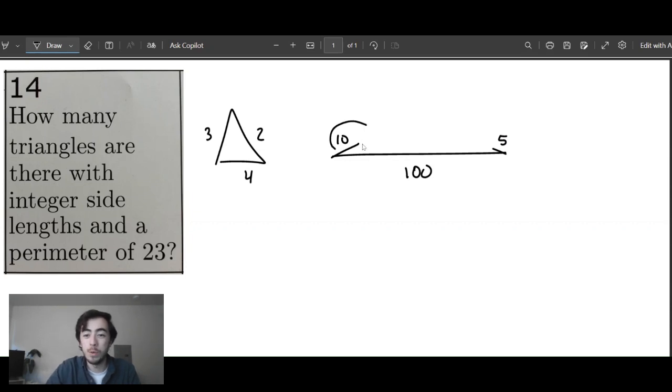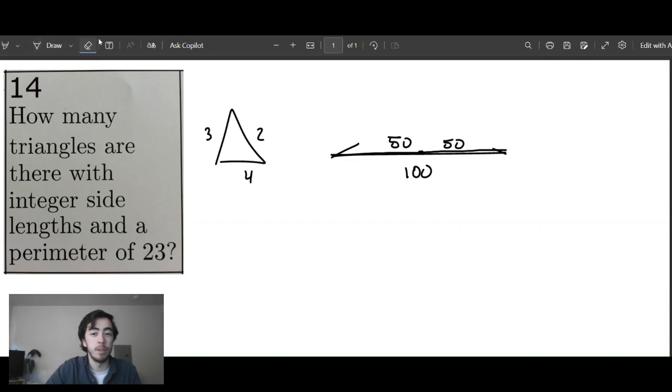The two shorter ones must add up to more than the long one. So even if I did 50 and 50, that's still going to be too short because sure, these sides could touch, but I'm only going to be able to create a straight line out of 50, 50, and 100. And so finally, if I tick one of them up to 51, then I have just enough wiggle room to create an actual triangle.